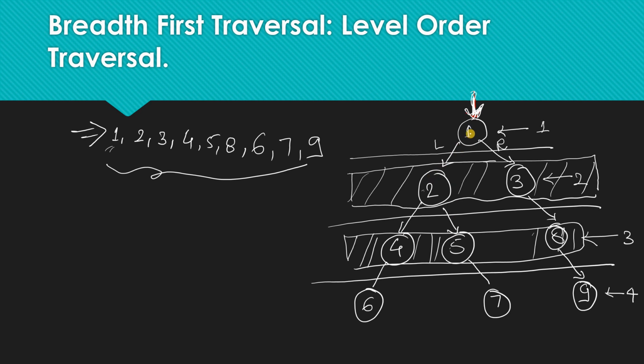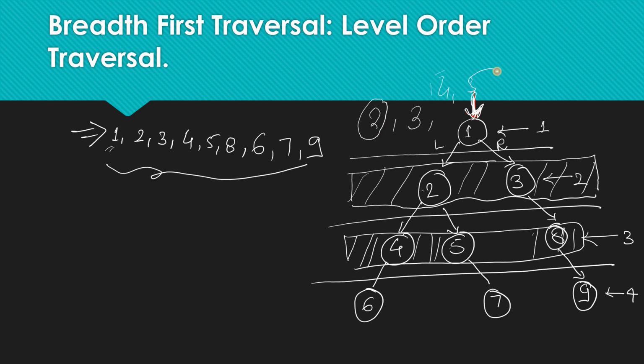Suppose I am storing node 2 first, and then node 3. After this I have to explore the children of nodes 4 and 5, right? So I'll store the children of node 2, which are 4 and 5.